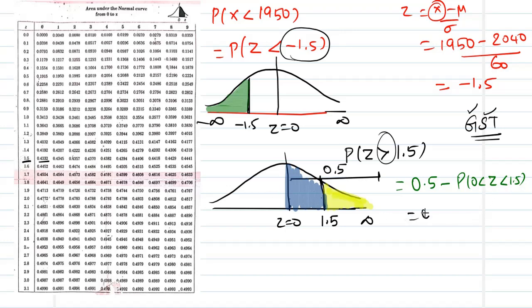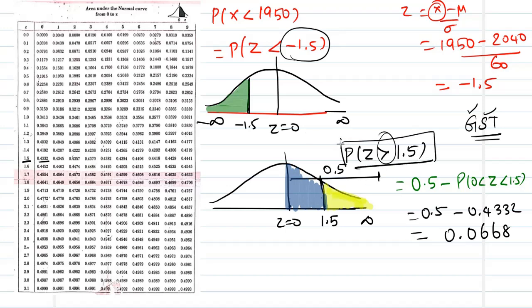So what is the table value corresponding to it? It is going to be equal to 0.4332. So when we subtract, the answer is 0.0668. So this probability is for one bulb to glow for less than 1950 hours. So how many such bulbs we have?